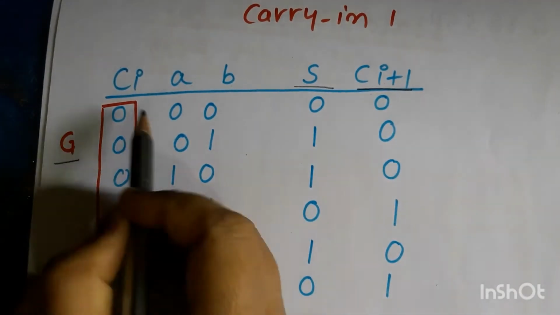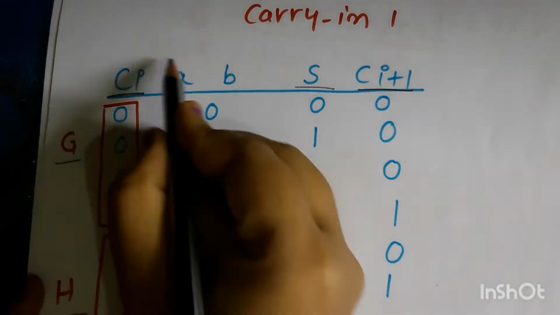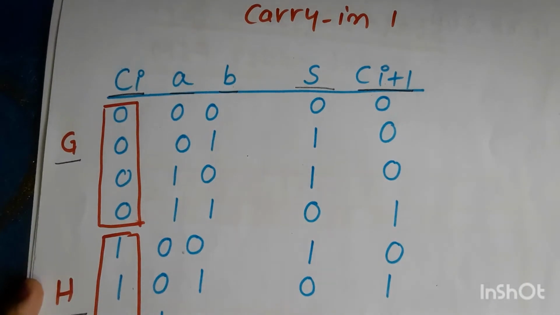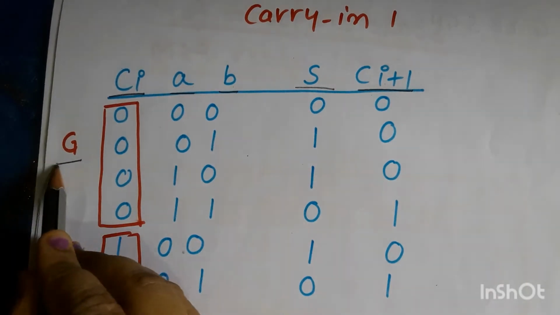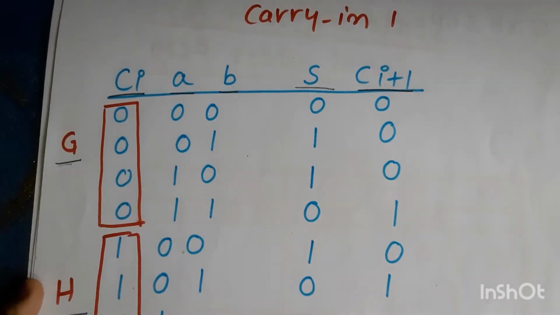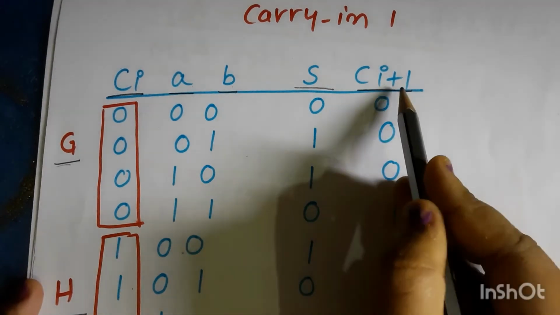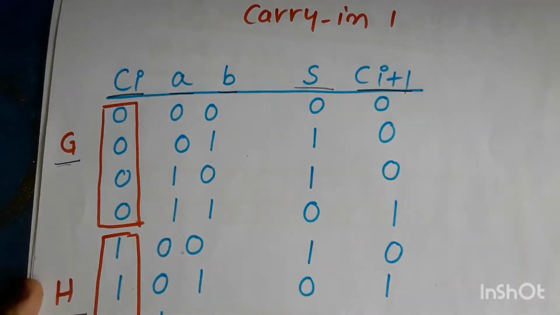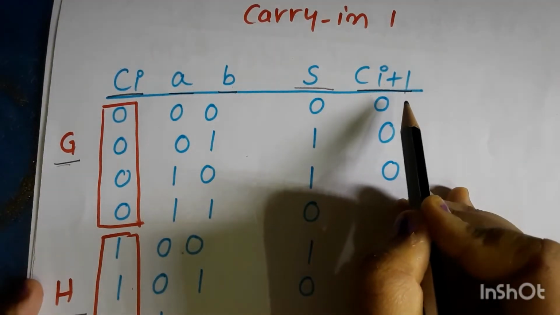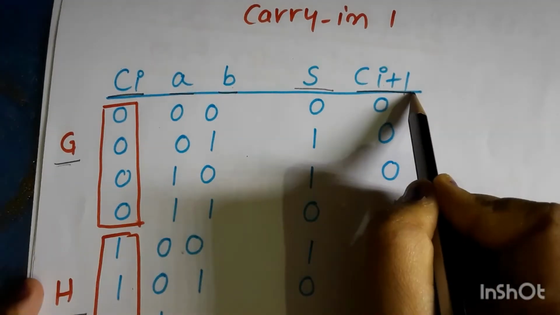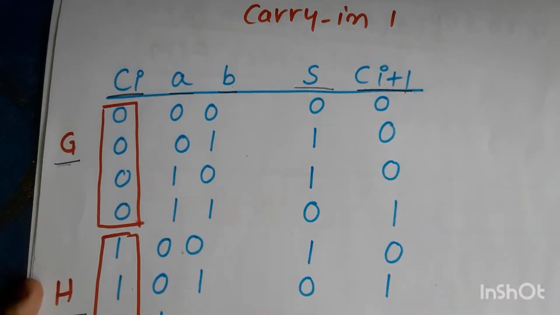State diagram and truth table. Here CI is the carry input, and A and B are the outputs coming out from the shift registers. G is the state when CI is 0 and H is the state when CI is 1, and CI plus 1 is the feedback, which will be the output of a flip-flop or register, and it would be fed back to CI.